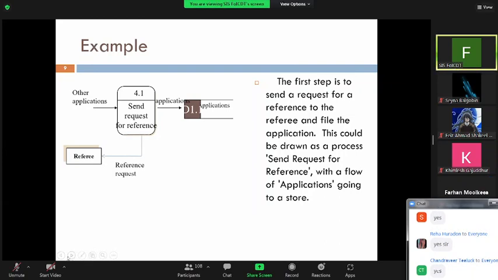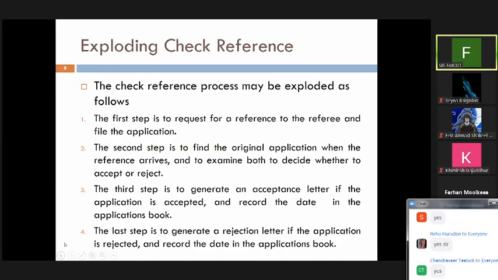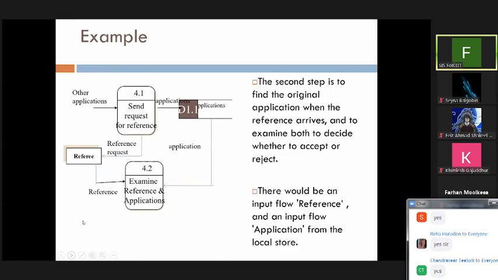So this is the first line. The second line says the second step is to find the original application when the reference arrives and to examine both to determine whether to accept or reject. So 4.2. There was an application that was stored in that local application book data store, and I retrieve the application. In 4.2, I'm going to examine the reference and application. The reference is obtained from the referee.